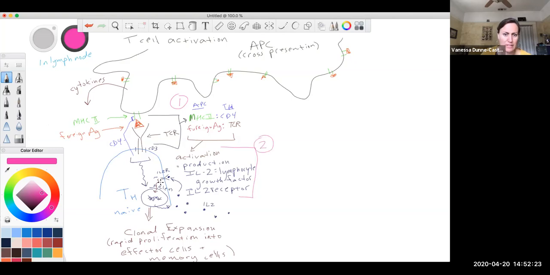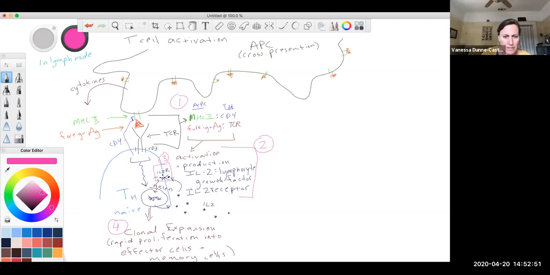would be activation. This is the production of both interleukin 2 and the interleukin 2 receptor. The engagement of the interleukin 2 receptor with interleukin 2 itself would be 3, okay? And this leads to clonal expansion, which essentially is 4, okay? 1 is the whole receptor engagement up here leads to activation, which is 2, interleukin 2 and interleukin 2 receptor are produced.